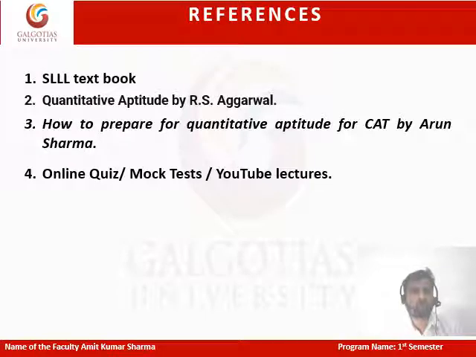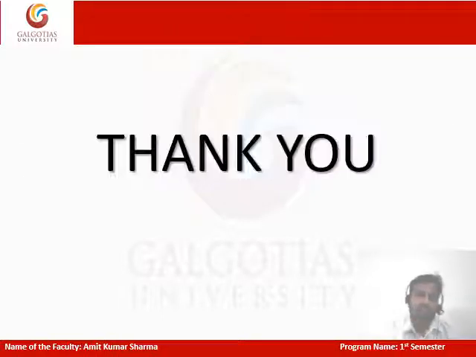If you want to try some difficult questions from the topic, then you can try one more book, that is Quantitative Aptitude for CAT by Arun Sharma. Apart from that, you can take some online quiz, online mock test, or you can go through some YouTube lectures also. Thank you, everyone.